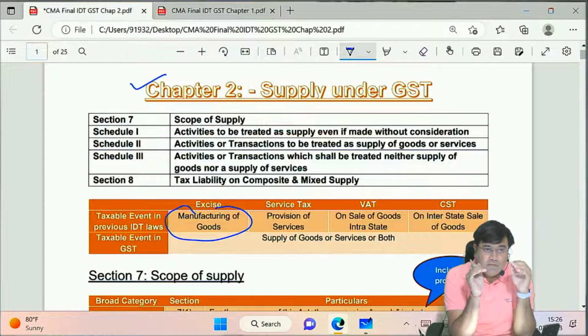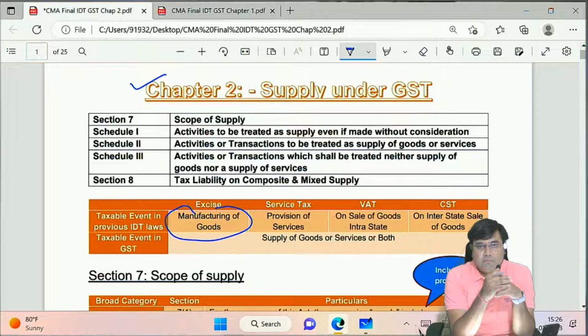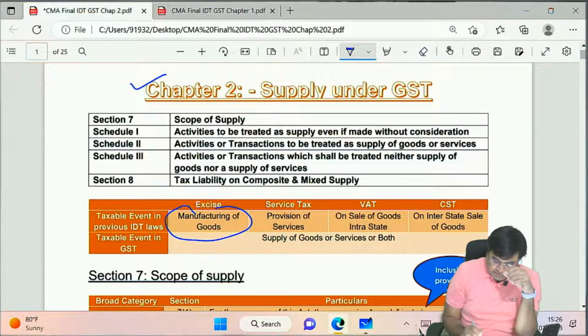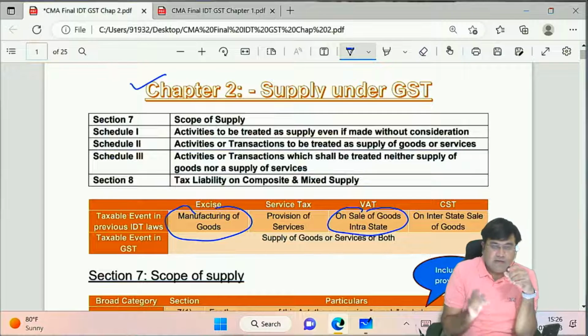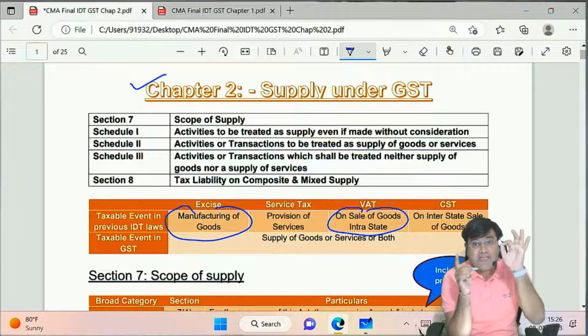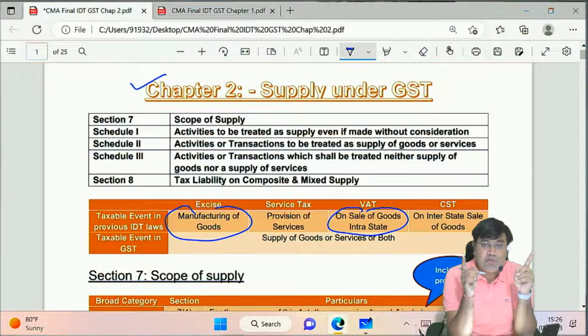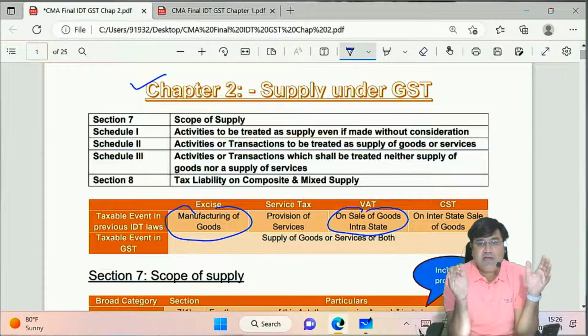Okay. So what is the taxable event in VAT law? Sale of goods, intrastate. Remember what I said to you in chapter 1? That VAT is basically a state-wise law.